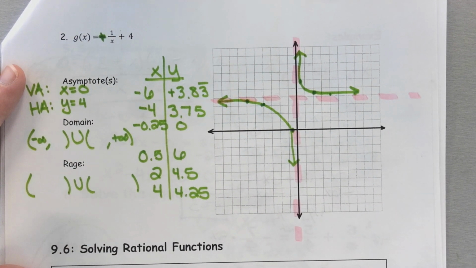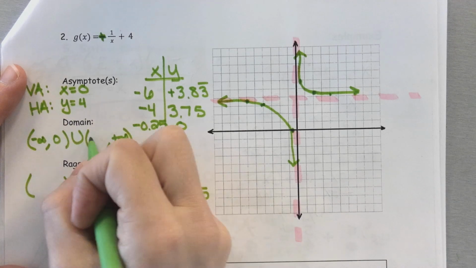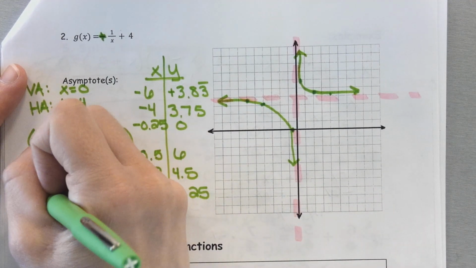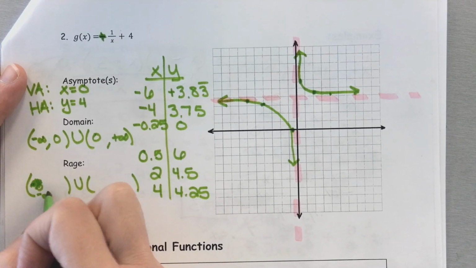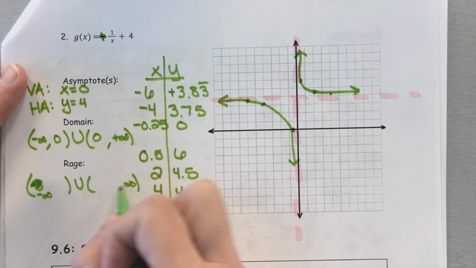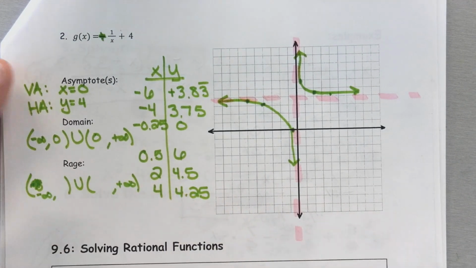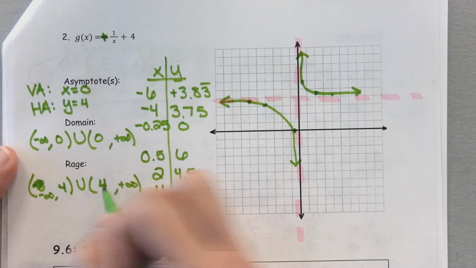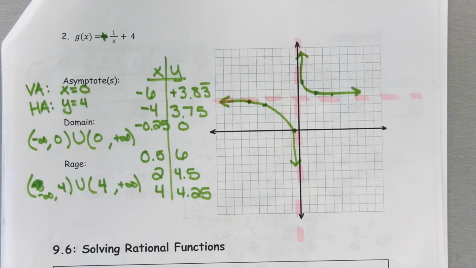What can't I cross? 0. Same thing for range. Oops, I wrote an 8. Surprised I haven't done that more often this year. Okay, negative infinity to positive infinity for range. What's off limits for range? 4. Okay?